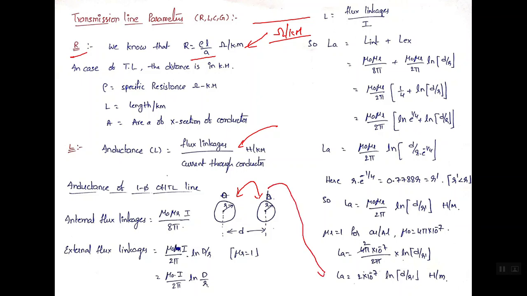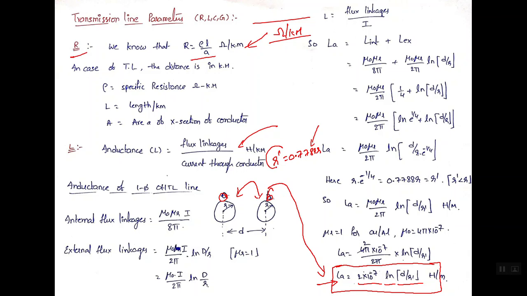You have to remember only the final formula, that is the inductance in case of a single phase or single conductor. For example, let us take A and B. You have to remember LA is equal to 2 into 10 power minus 7 ln of d by r dash. Here r dash is nothing but 0.7788 r.